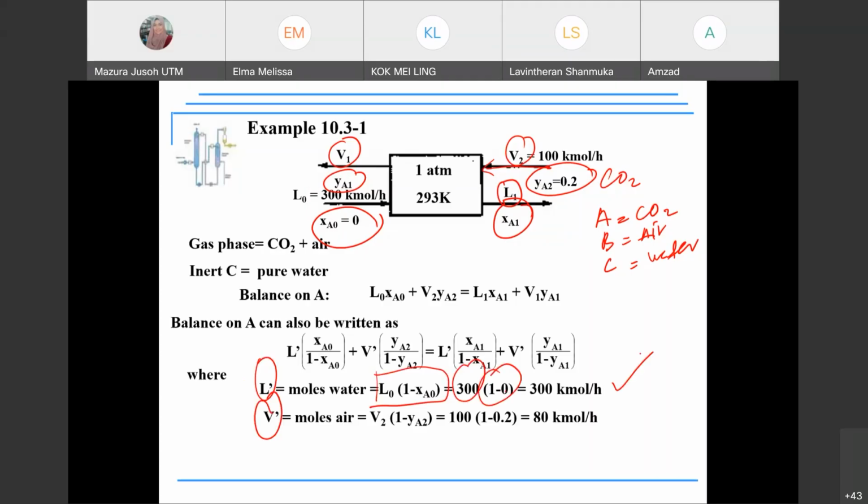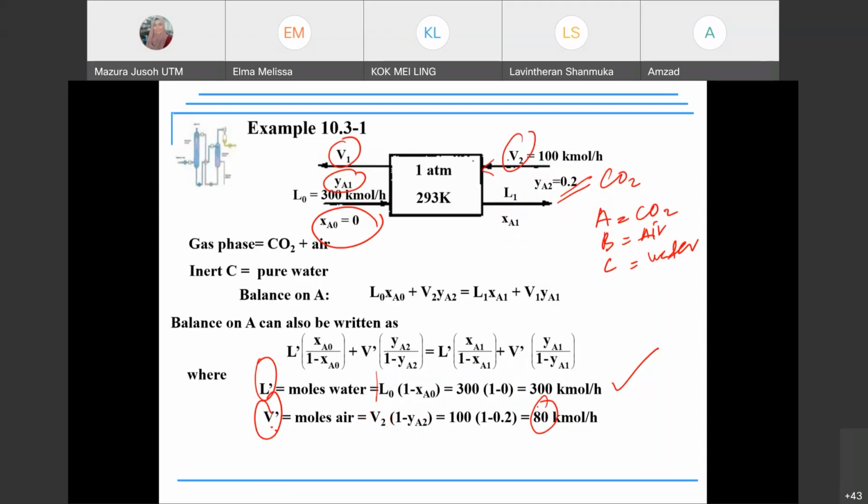So you will have your L prime as 300 kilomole per hour. For V prime, you take the condition for the V2. To know V prime, you take V2 times 1 minus YA2, because you know what YA2 is. YA2 is 0.2, which is given by the question. So in the end, you will have V prime as 80 kilomole per hour.